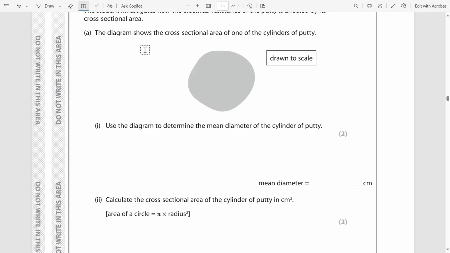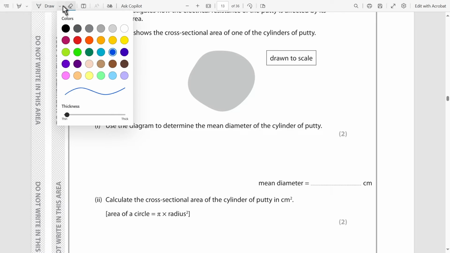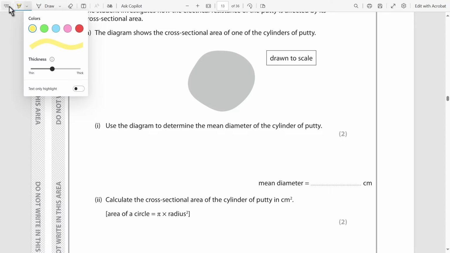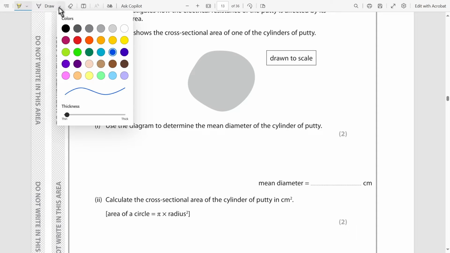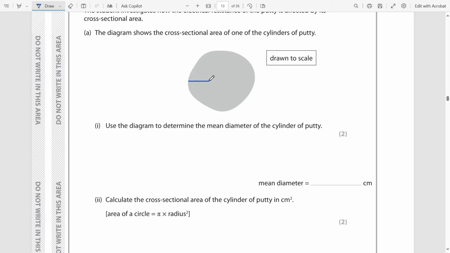Okay. I don't know if I can do this question because I need to measure it. Guys, if you have the actual paper in front of you, then you can go measure it yourself. But this is supposed to be around 3.7 centimeters. It says to determine the mean diameter, so you can measure it 3 times. I'm going to just come up with random values.